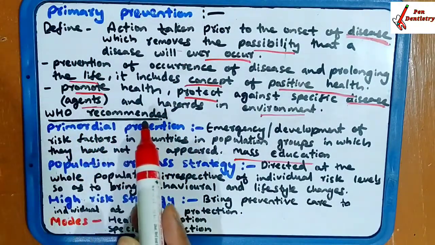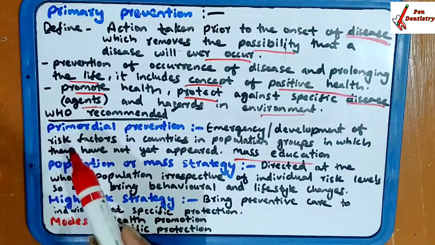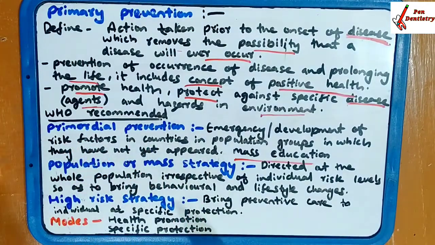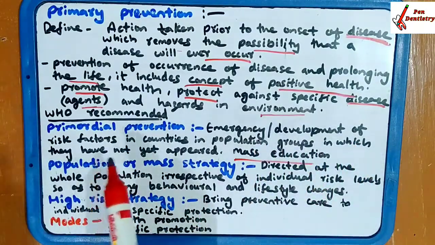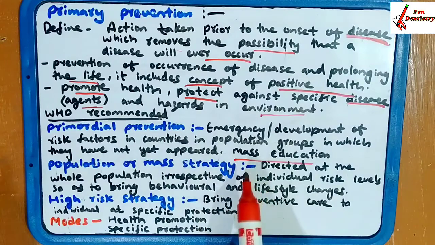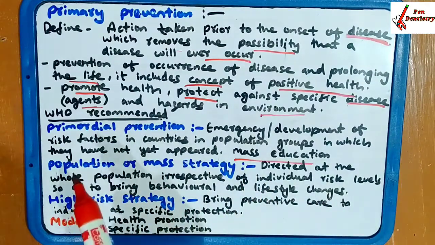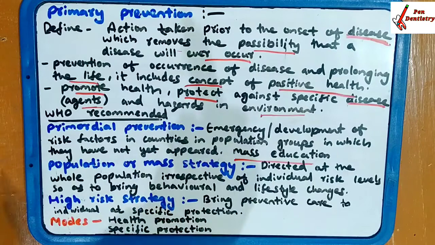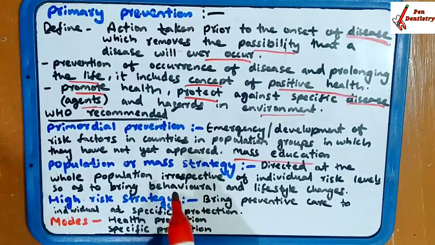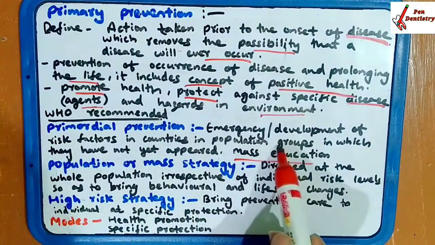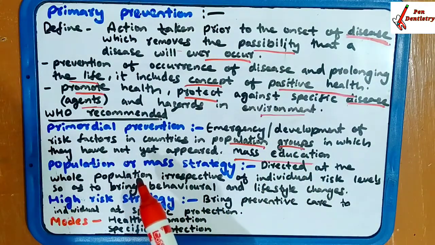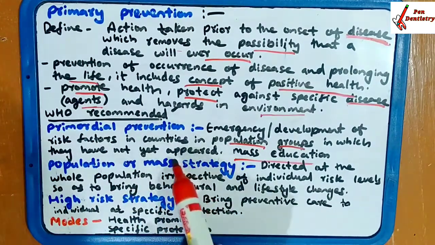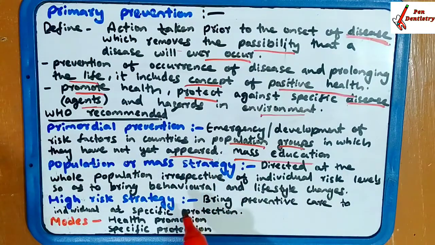What has WHO recommended? WHO has recommended primordial prevention. Primordial prevention is preventing the emergence and development of risk factors in a country or a population group in which they have not yet appeared. That means a country or group which has not yet been affected by the disease or a pandemic.